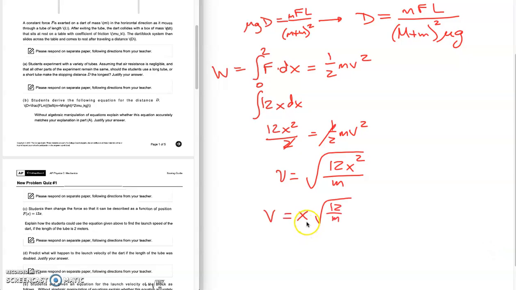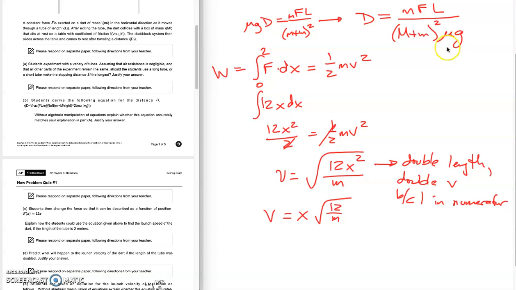So for part D, doubling the length of the tube will double the velocity, because once again, the length is in the numerator. What we need to have is the mathematical functional relationship between the distance and the velocity. So double length, double velocity, because length is in the numerator.